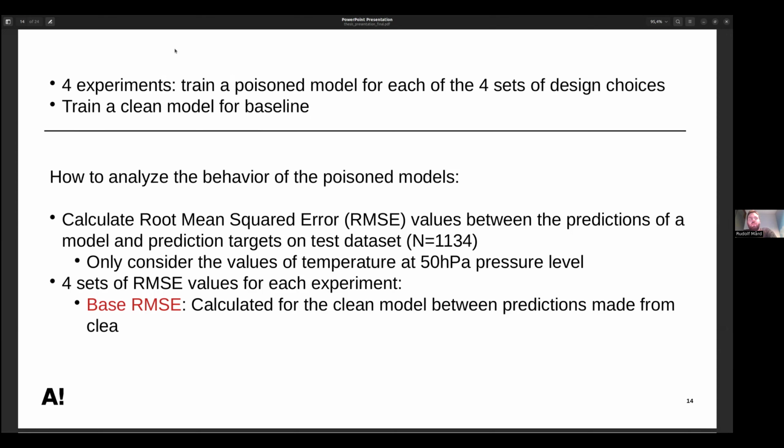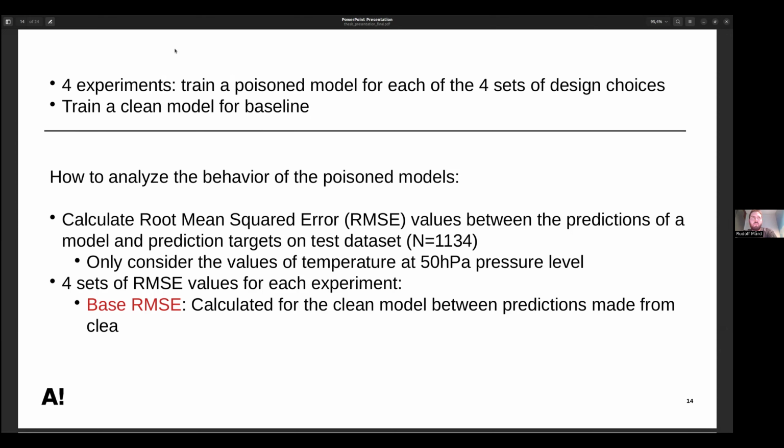And okay, for each experiment then, we calculate 4 sets of RMSE values. The first one is the base RMSE set, which is calculated for the clean model, trained on clean training data, between predictions made from clean input data points and clean prediction targets.